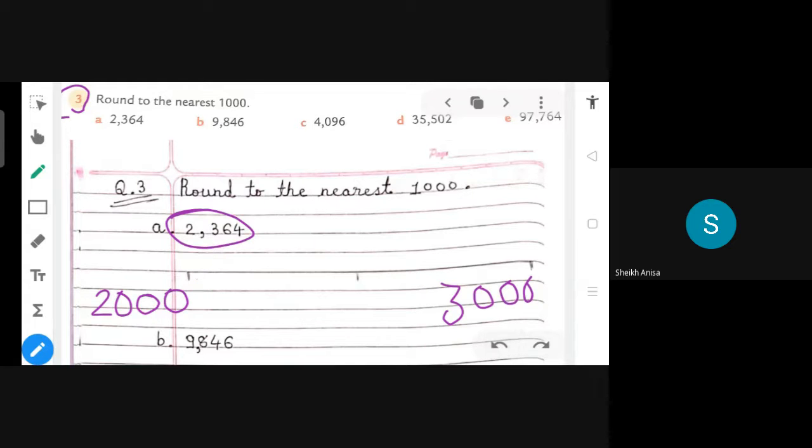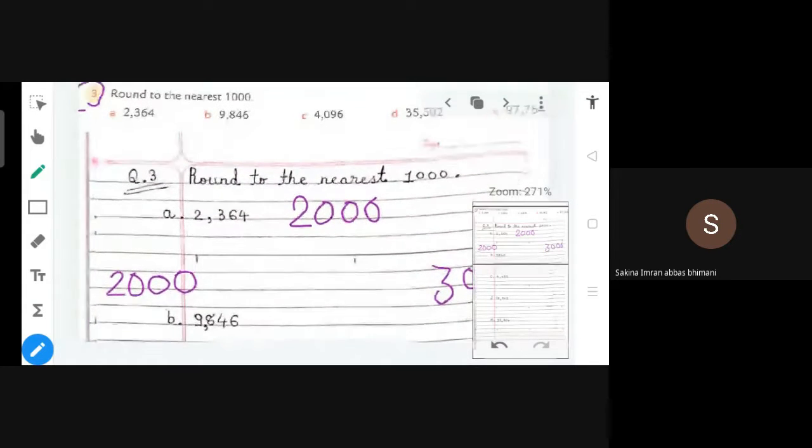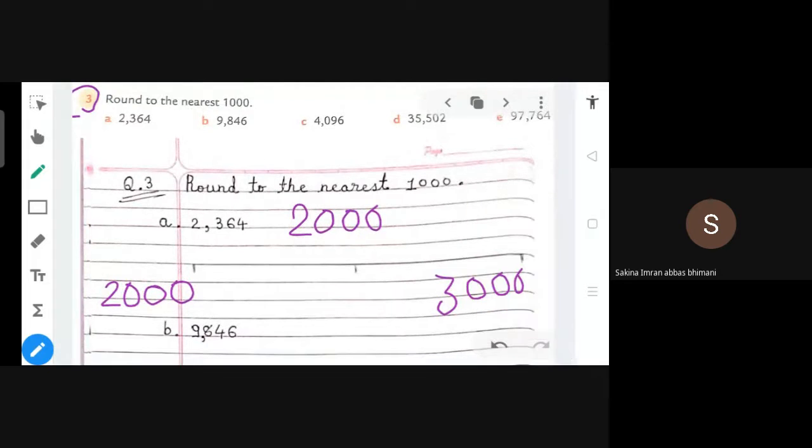Yes, it is nearer to 2000 because this is only 300, not even more than 500. If it were more than 500, then it would be near to 3000. So let's write 2000. Now the answer is 2000. Now you can copy this and try the next one.